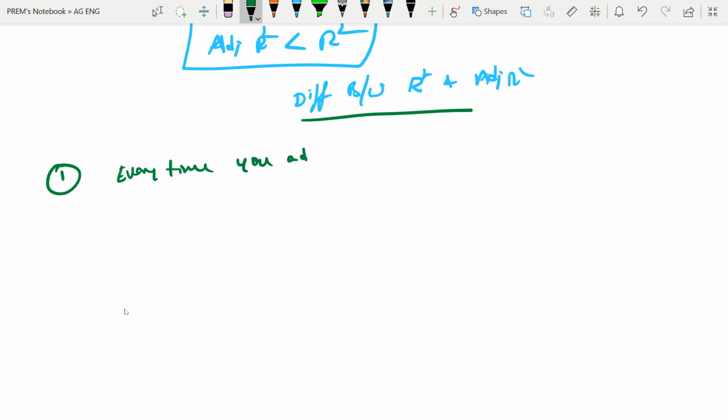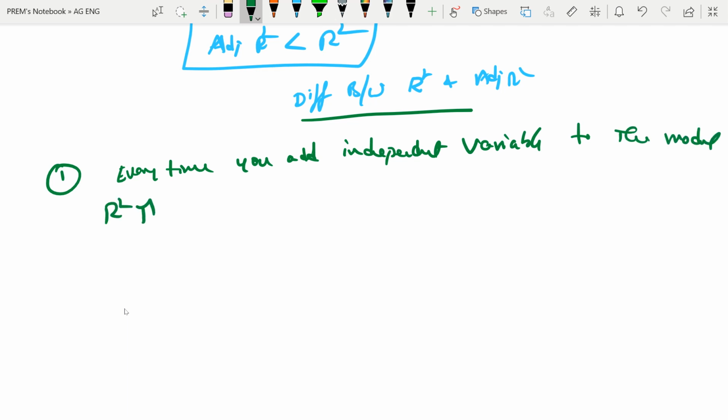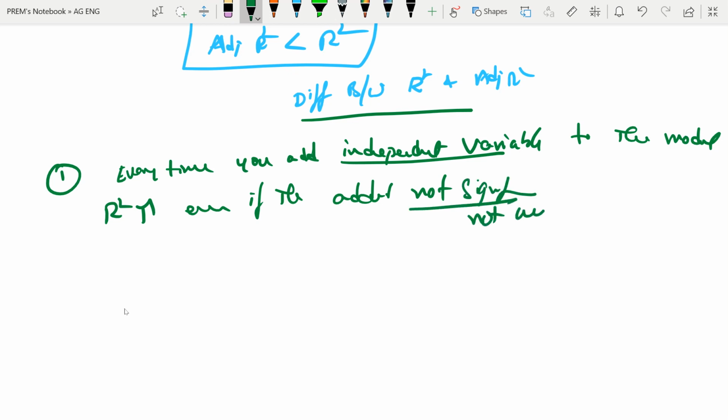Every time you add independent variables to the model, R square will always be increasing, even if the added independent variables are not significant, meaning not useful or not correlated with the target variable.